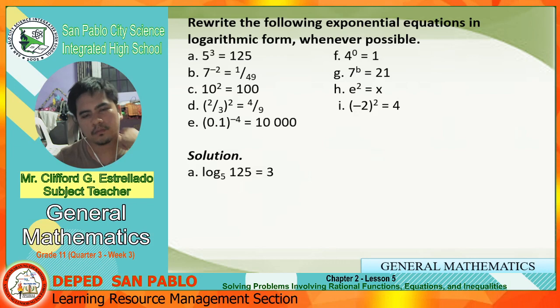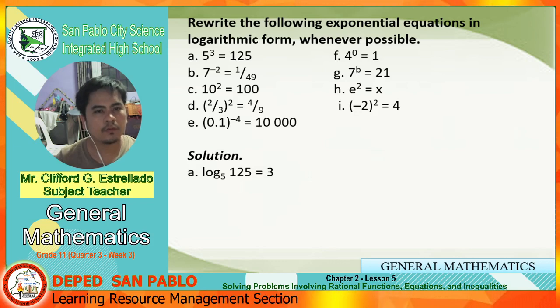Letter B, we have logarithm of 1 over 49 with the base of 7 is equal to the exponent, which is negative 2.